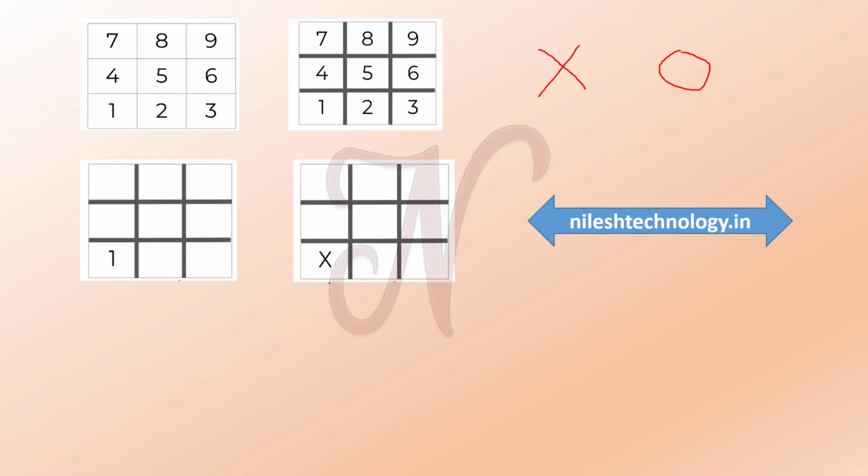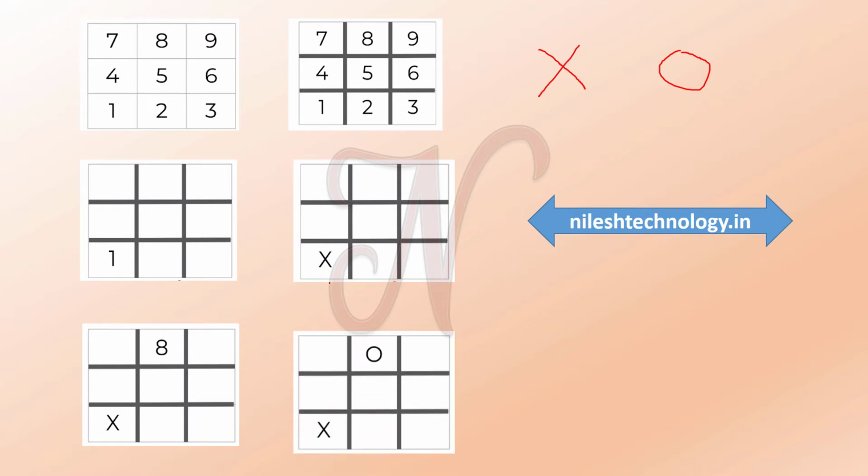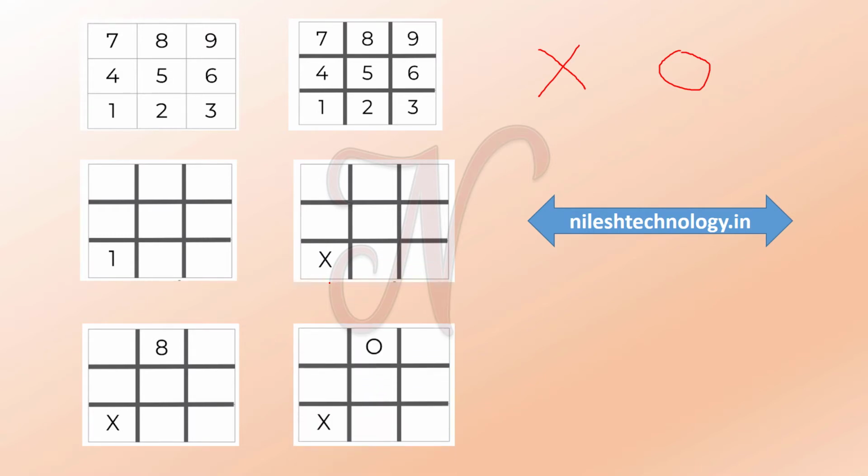Now the next turn is the second player's. If the second player chooses the number 8, then my marker is the O. In this way, two players mark their symbols.